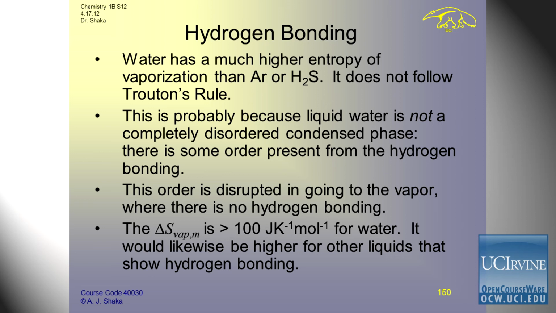But with things that actually do hydrogen bonding, the order takes a while to get disrupted. So notice how large the entropy of vaporization is for water. It's 100 joules per Kelvin per mole as compared to 87.5. So it would likewise be higher for other liquids that show hydrogen bonding.